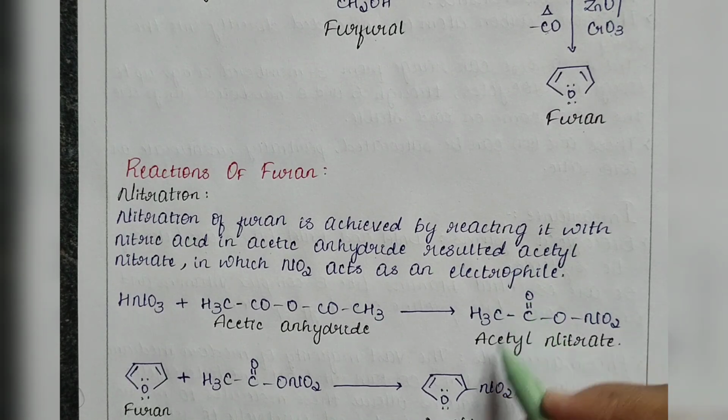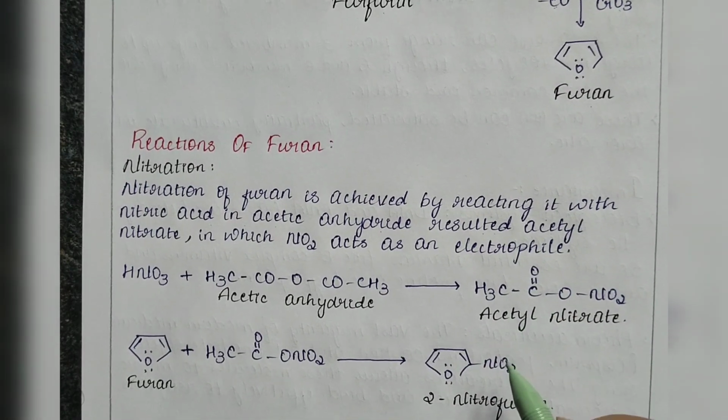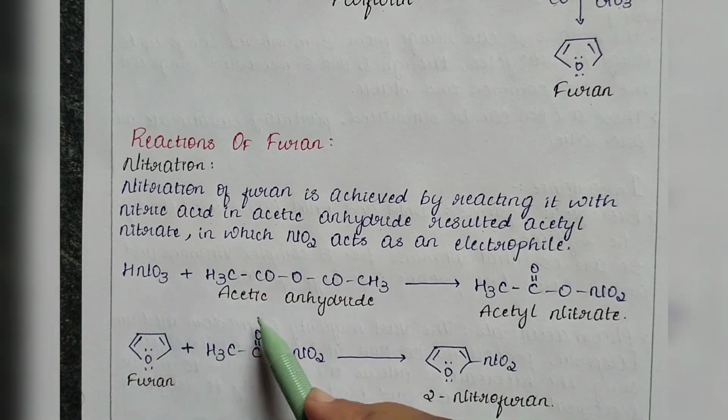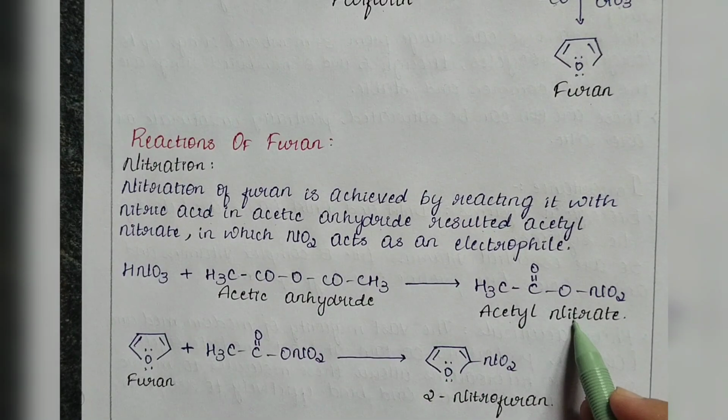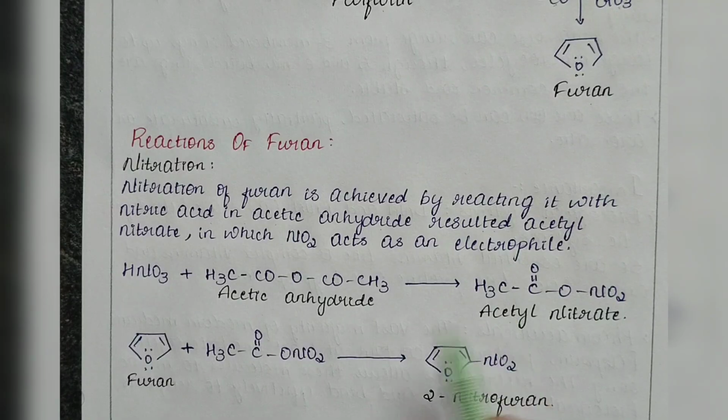So this is a two-step reaction. In the first step, nitric acid reacts with acetic anhydride to give acetyl nitrate. This acetyl nitrate will react with the furan to give 2-nitrofuran.